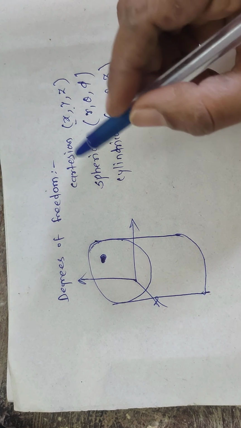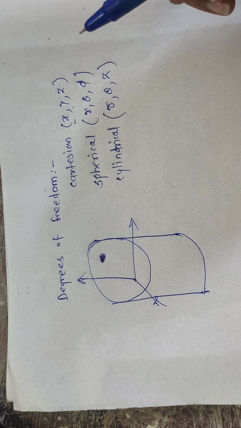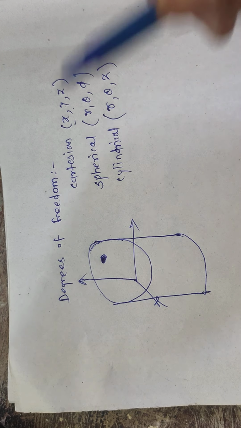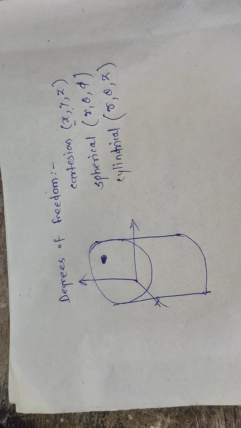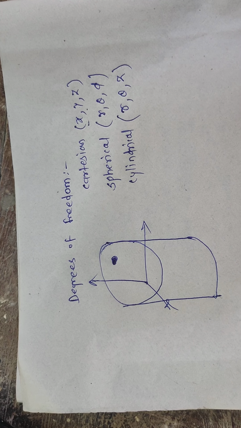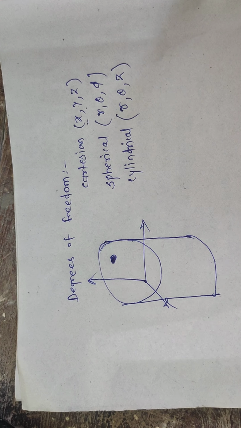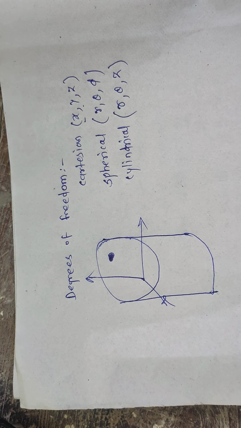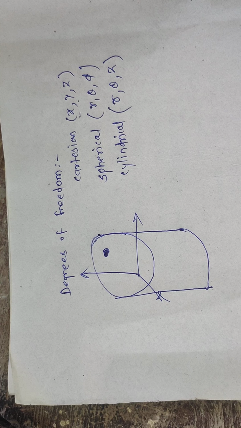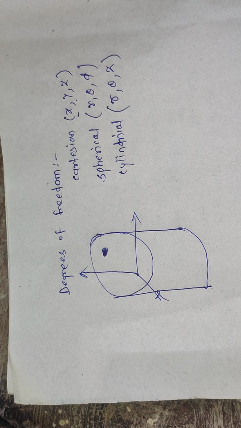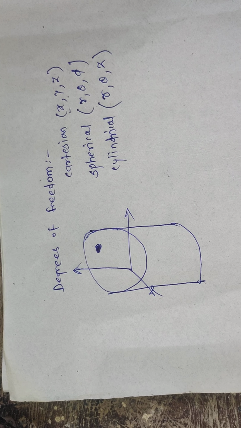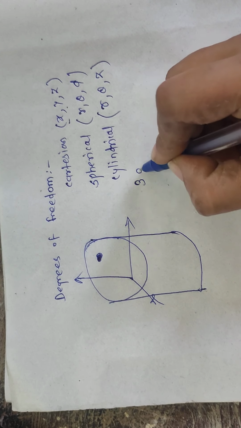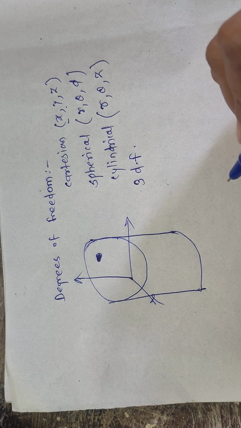Any one of these three independent coordinates we can use to describe the motion of particle. Now suppose particle is performing motion along any one axis independently with change in one coordinate only, then we can say that particle moving freely in space has 3 degrees of freedom.